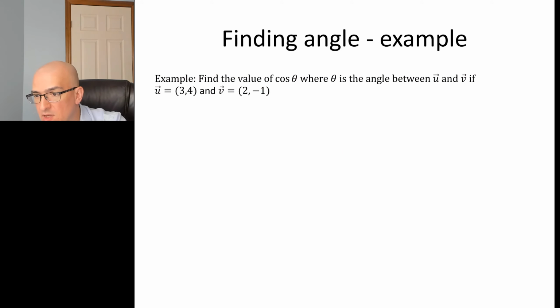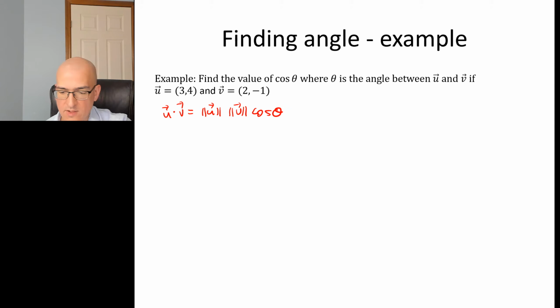Let's do one example and then we'll cut to the next video. Find the value of cos theta, where theta is the angle between u and v, if u is equal to 3, 4 and v is equal to 2, -1. So definition, you can start with this formula that u dot v is equal to length of u times the length of v times the cosine of theta, or if you want, you can start directly with the cos of theta expression.